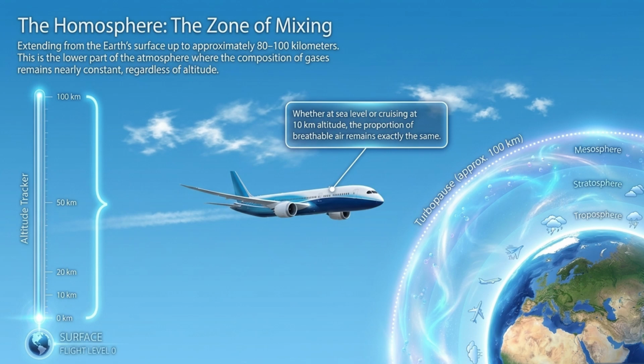This is why the air we breathe contains approximately the same proportion of nitrogen and oxygen at different heights within the homosphere. So we can remember the homosphere as the zone of mixing, where atmospheric gases are well mixed.